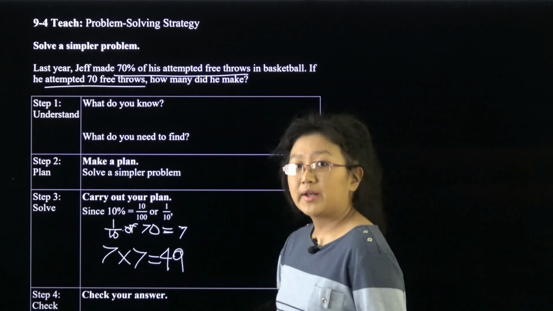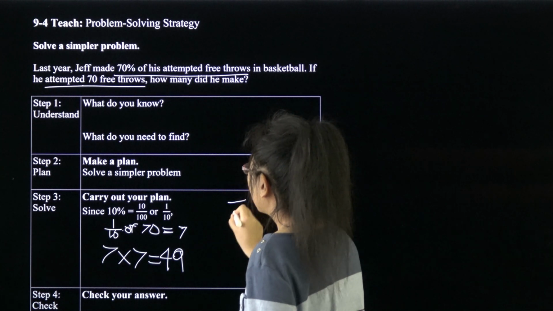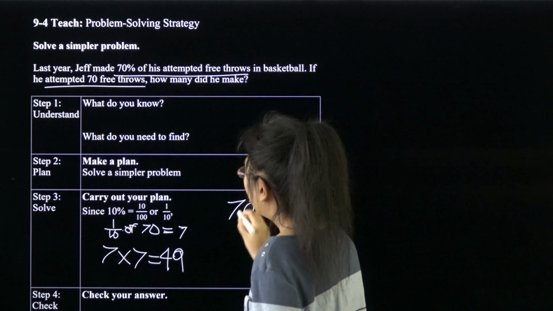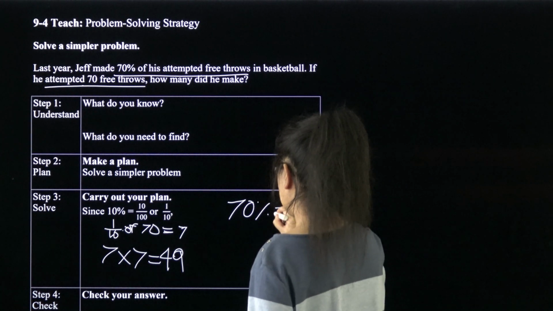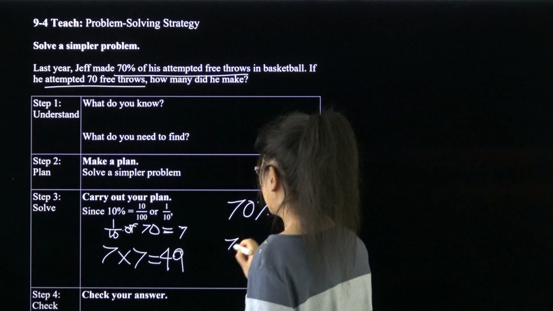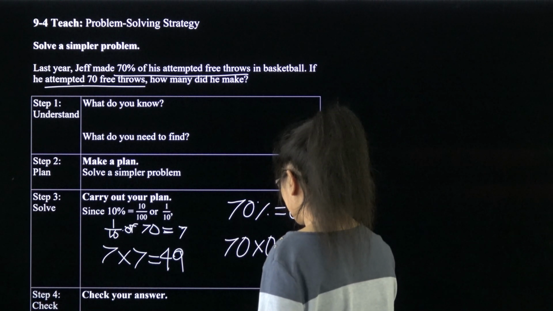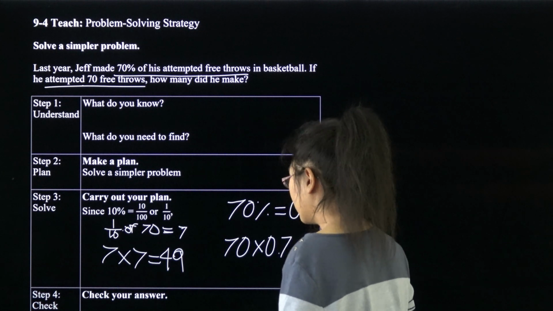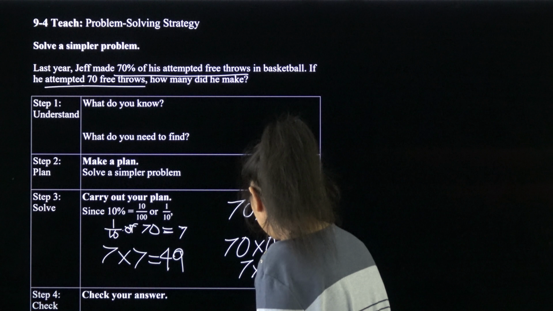Now, the other way we could do this is we realize that 70% is equal to 0.7, and then we just multiply 70 by 0.7, which also equals 7 times 7.